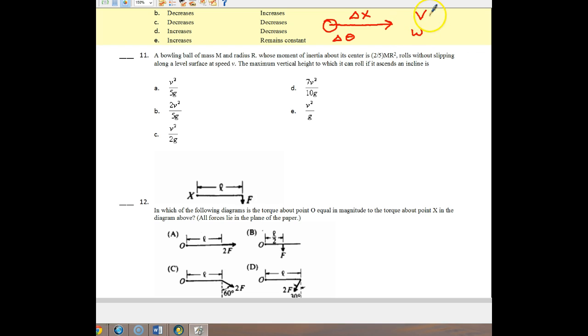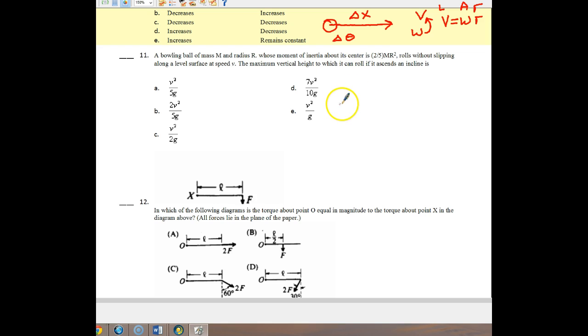I have the velocity in a straight line, and I have the velocity of this ball in terms of its angular velocity. So we're going to have to take the angular velocity that we find for the ball and make it into linear. And if you remember, the equation we'll use is v for linear velocity is equal to our angular velocity, which is omega, times the radius. And so that's how we convert from one to the other.